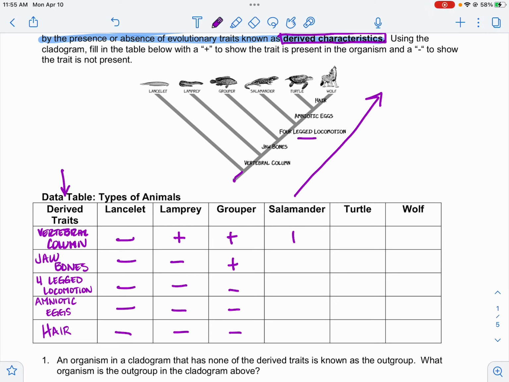Salamanders have spines, jaw bones. They move with four legs, but they do not have amniotic eggs or hair. Turtles don't have hair, and wolves have it all, because they are the last organism, as we read this cladogram, to evolve.